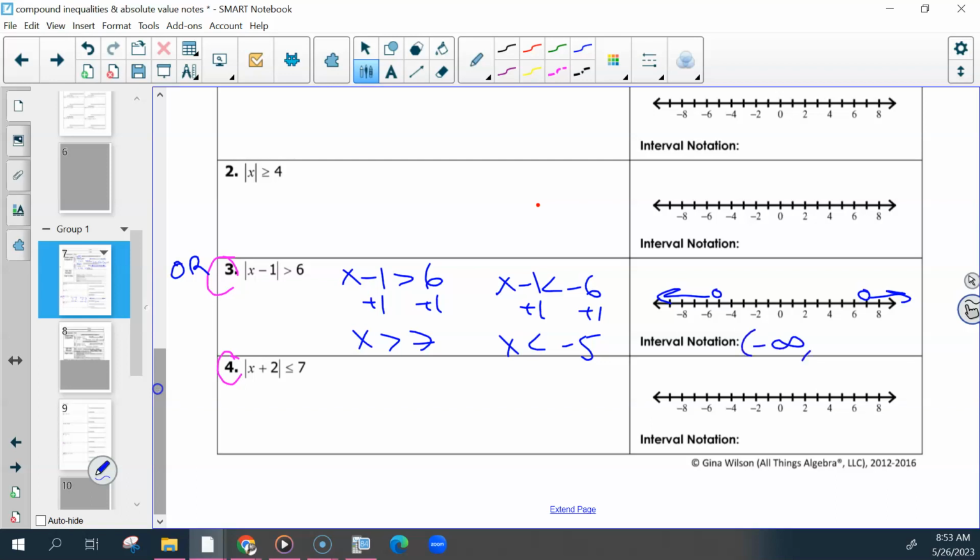It would stop at negative 5, it's open, so parentheses. Or start again at 7, again open, parentheses, and then go to infinity. How do I know when to use a bracket? A bracket would be if these are equal to, then the numbers will be in brackets. Other questions on that one?